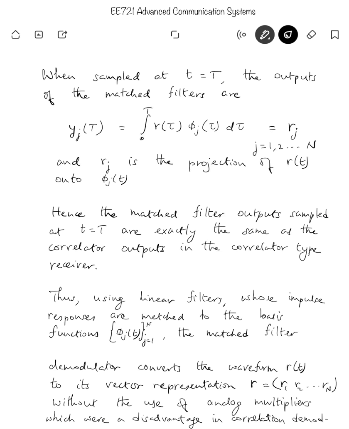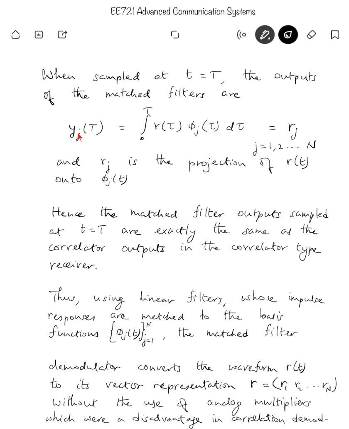So at the sampling instant t equal to capital T, you get the output of the matched filter to be equal to the projection of the received signal onto the basis function. So if you recall the expression for computing the projection of any signal, it is the integral of the signal multiplied by the corresponding basis function, right? Which is nothing but the corresponding projection.